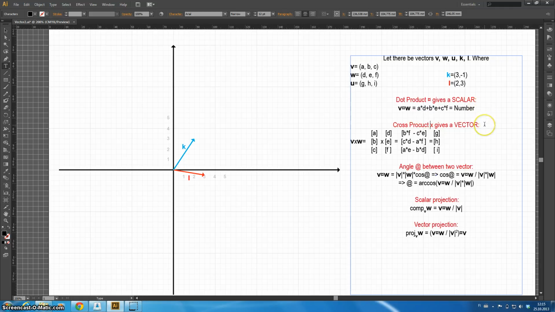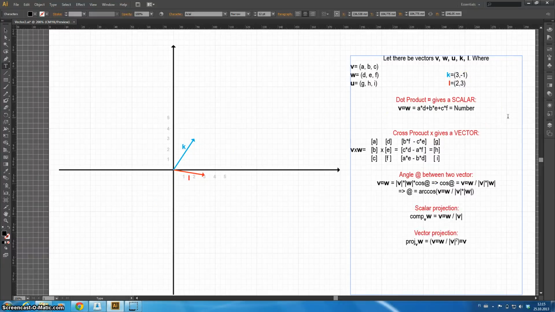And we can do it with this 2D vector over here. So I put them into this formula like this.